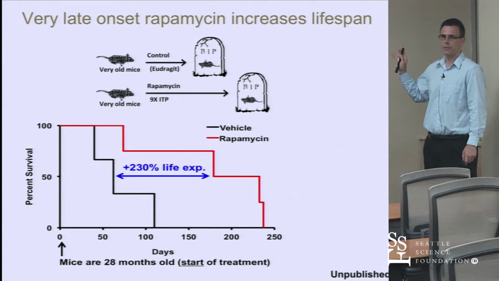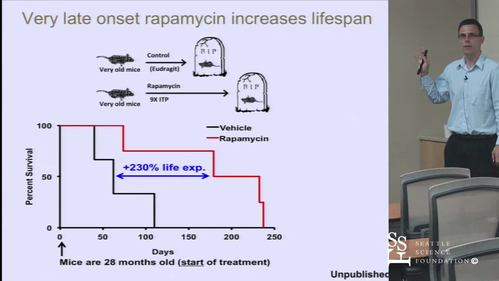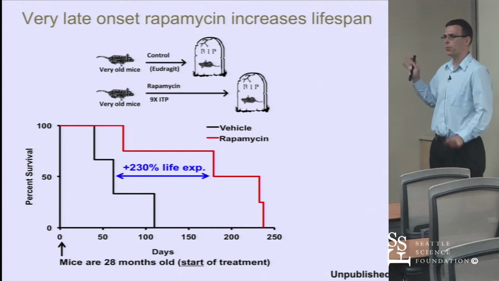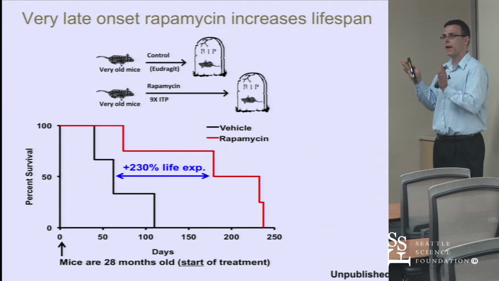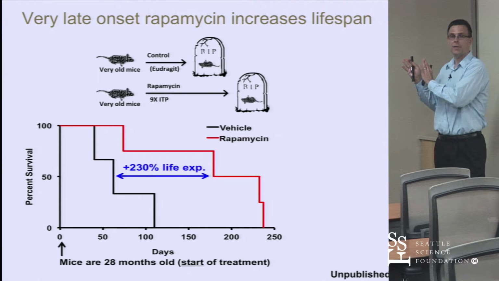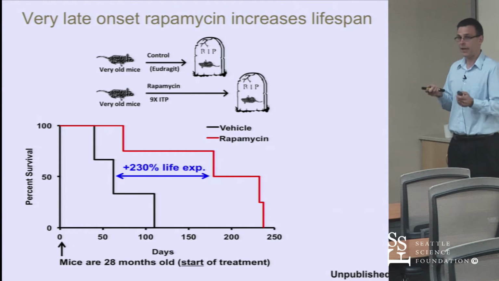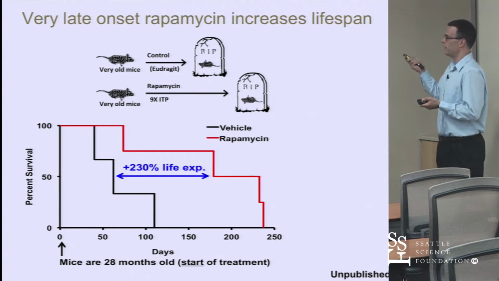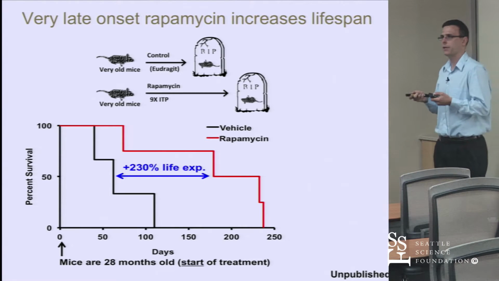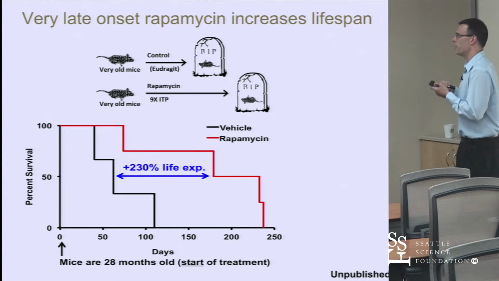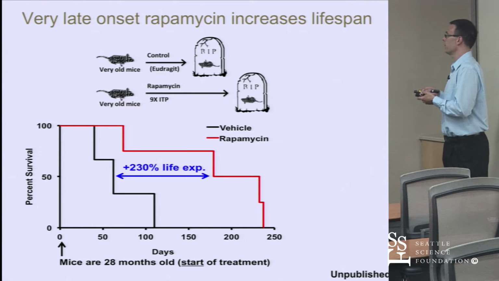The cohort size is pretty small. Obviously, we need to have more animals to really know what the magnitude of the effect is going to be. But I think it's clear that starting very late in life, treatment with rapamycin can improve survival. This is particularly in C57 black 6 mice. Other studies have been done in other mouse strains that we can increase survival in very old mice.